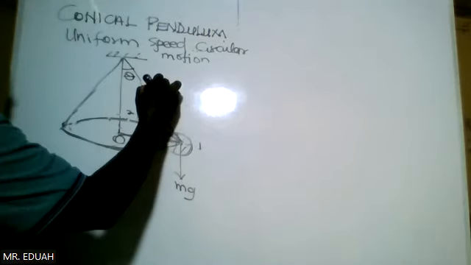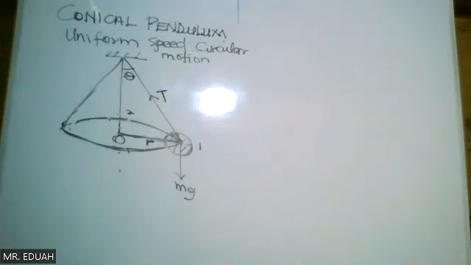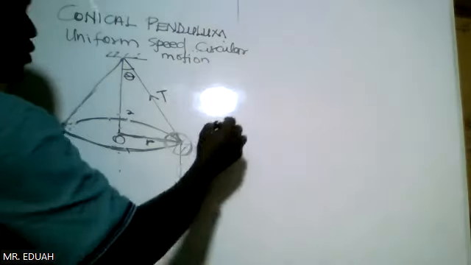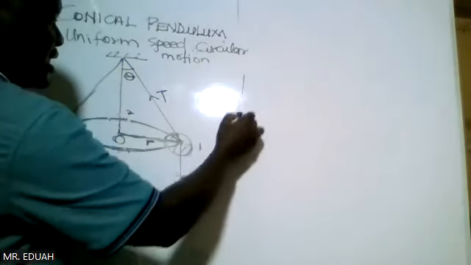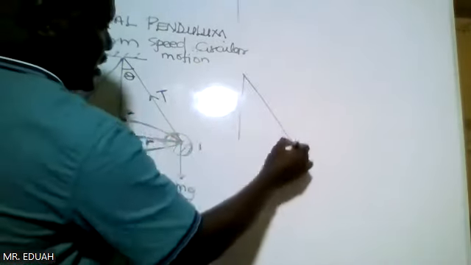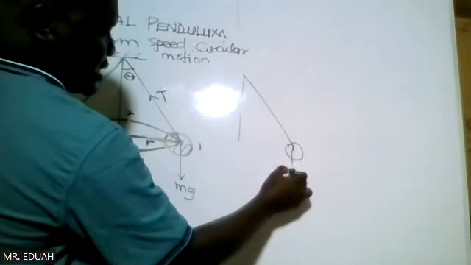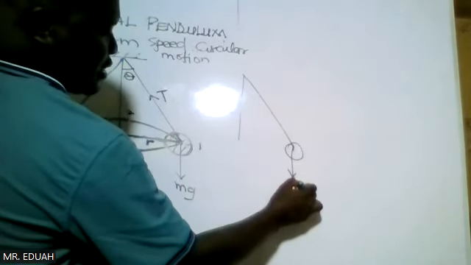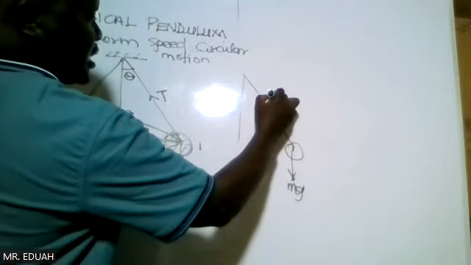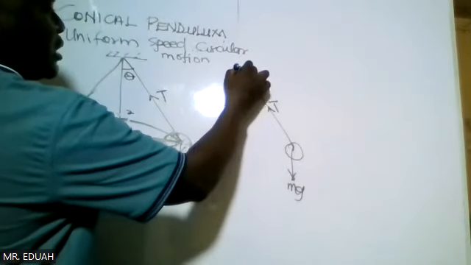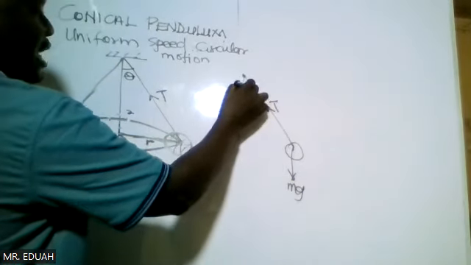So this is the tension T within the string. Okay, so we have the vertical, the tension, the mass, the weight. Tension in the string is always directed to the point of support. This is an angle theta.